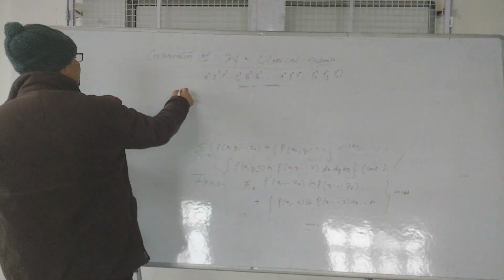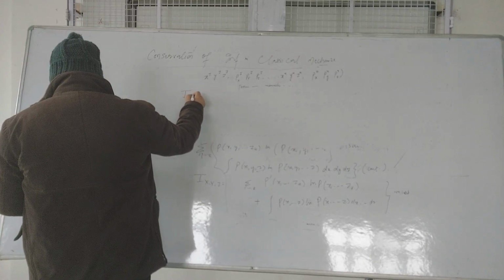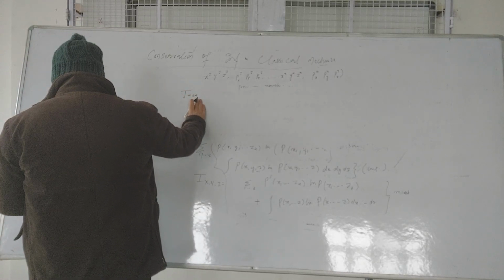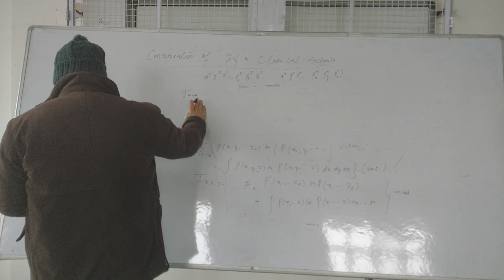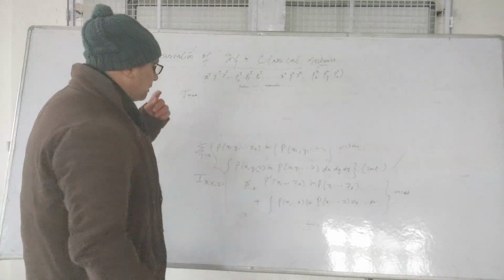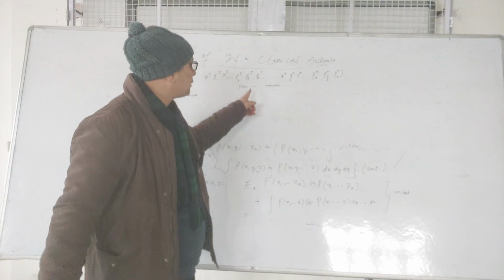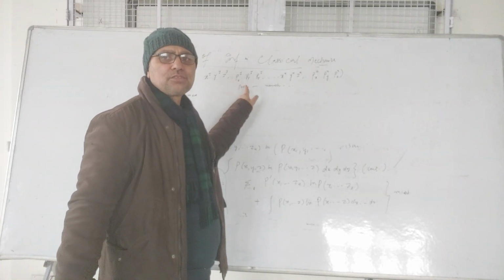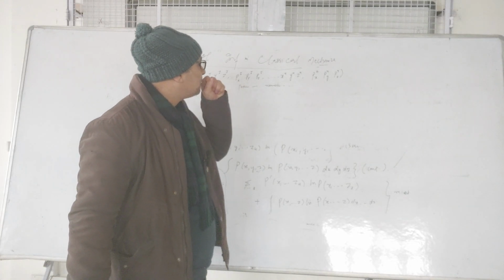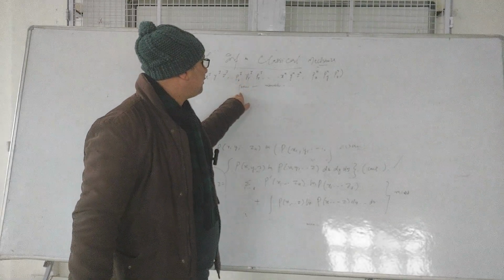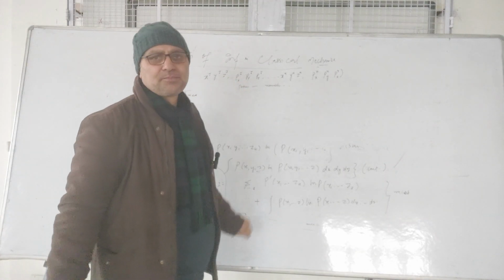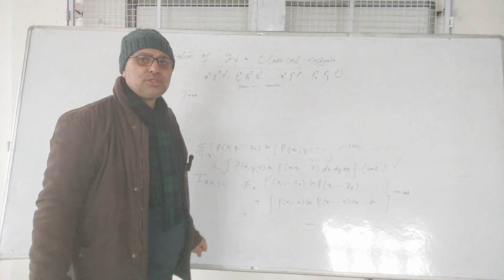So invariance of measure implies that if we talk in the language of classical mechanics or classical statistical mechanics, we will talk of phase space. Phase space becomes invariant under Liouville's theorem.